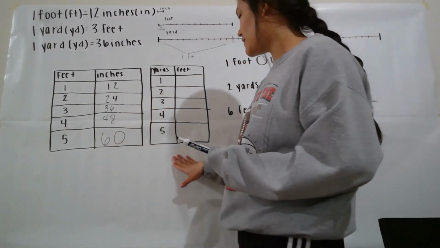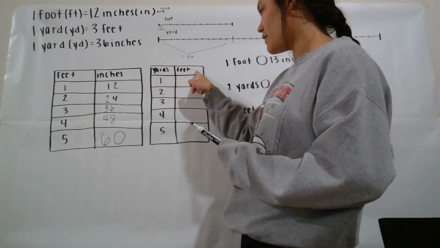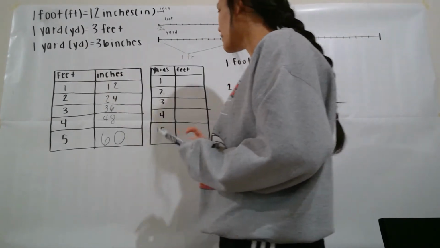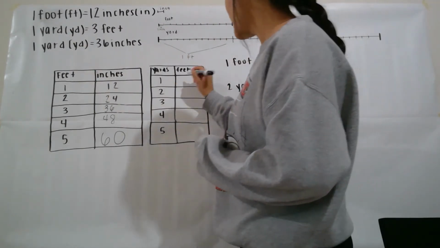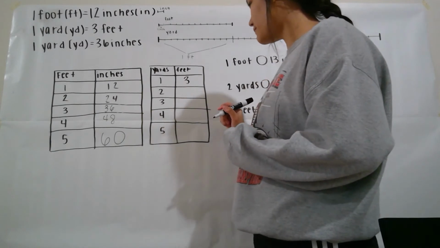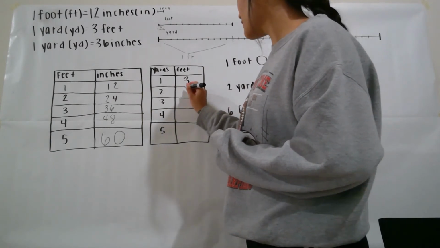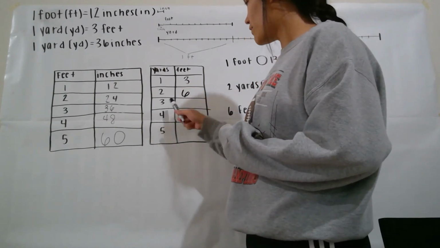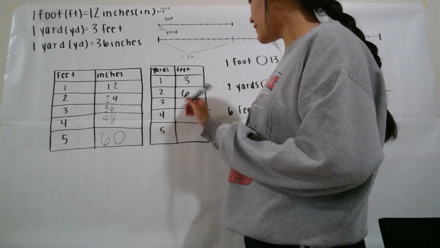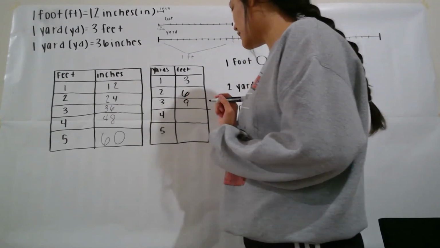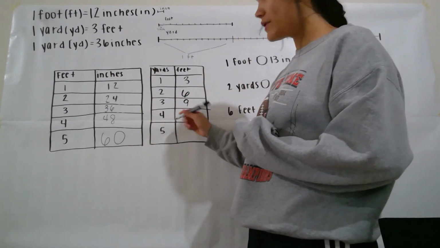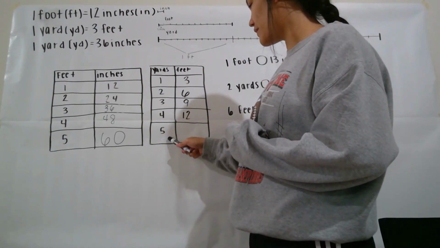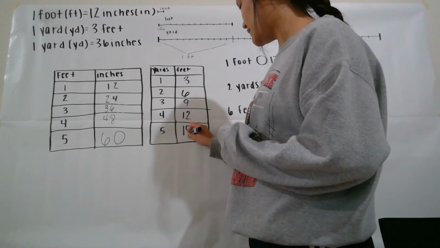So now we're gonna do the same thing for yards and feet, but we're not gonna multiply by 12 anymore because we know that there's 3 feet in 1 yard. So 1 yard has 3 feet. 2 yards, we're gonna do 2 times 3, 6 feet. 3 yards, we're gonna do 3 times 3, 9 feet. 4 yards, we're gonna do 4 times 3, 12 feet, and 5 yards, we're going to do 5 times 3 is 15 feet.